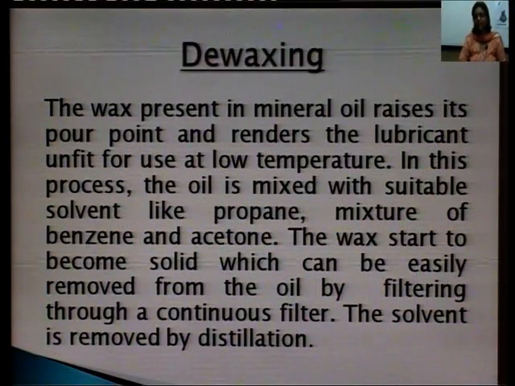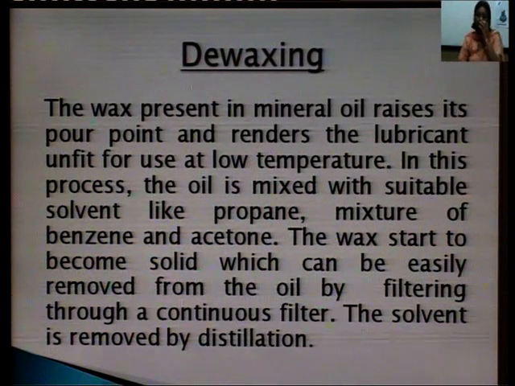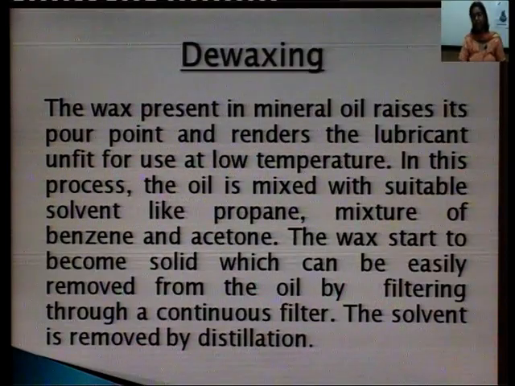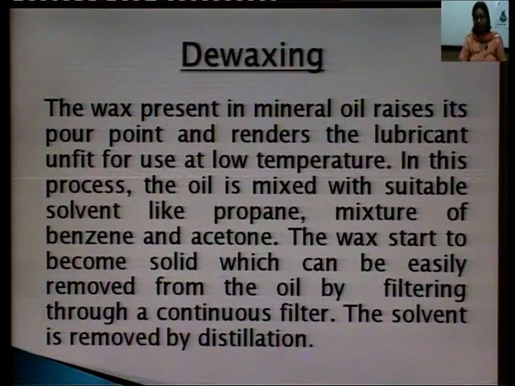The wax starts to become solid, which can be easily removed from the oil by filtering through a continuous filter. Means first of all the wax dissolves from the oil into the solvent, then that solvent is cooled and the wax becomes solid, and this solid wax is removed by filtering through a continuous filter, and the solvent is removed by distillation.